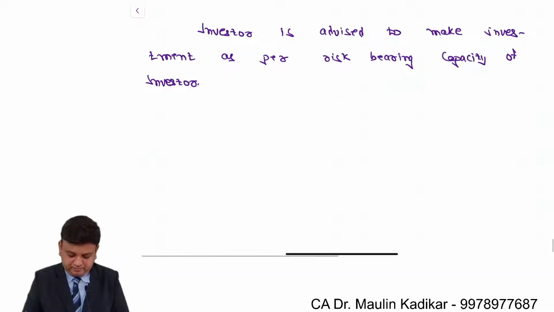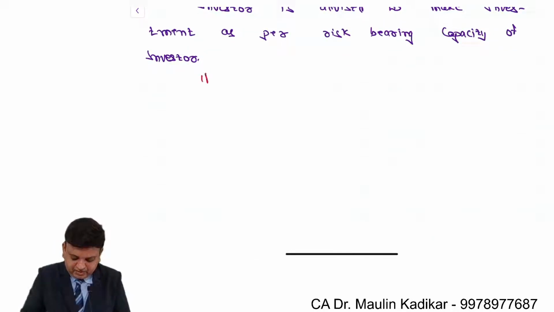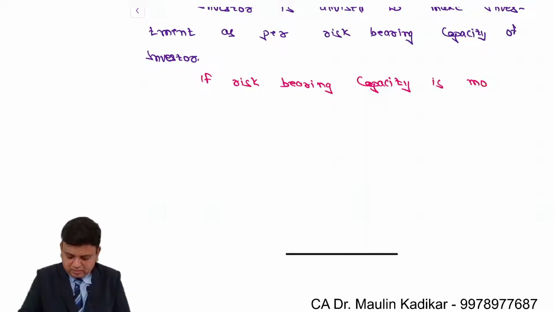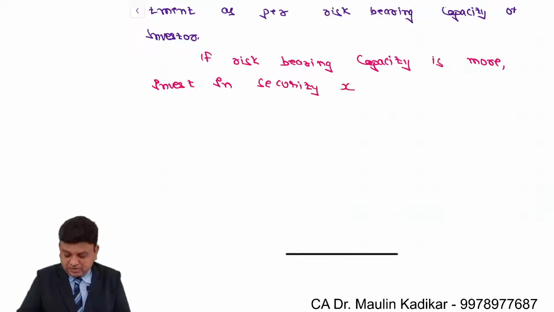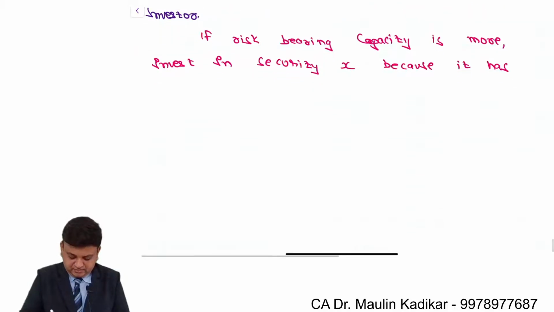Full stop. If risk bearing capacity is more, comma, invest in security X because it has higher return.